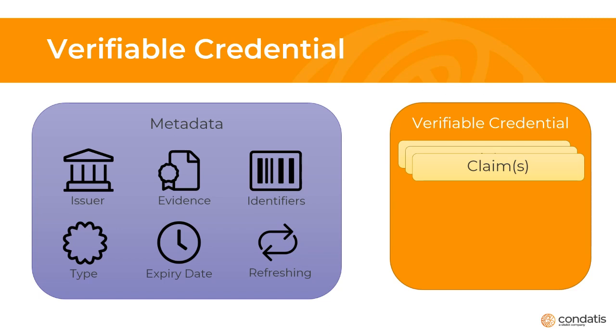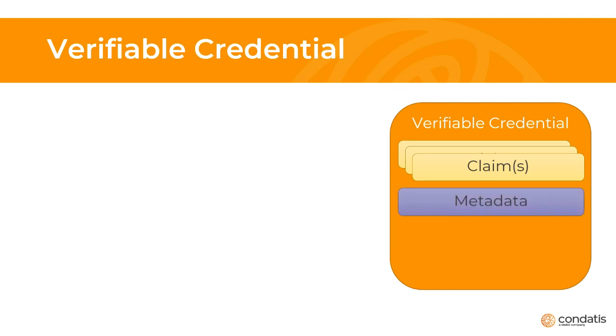And these are just examples of metadata that a verifiable credential might contain. The data model specifies many other concepts for potential credential metadata, and also an extension mechanism to specify custom metadata to help using the credential in specific context. So all this metadata is part of the verifiable credential.